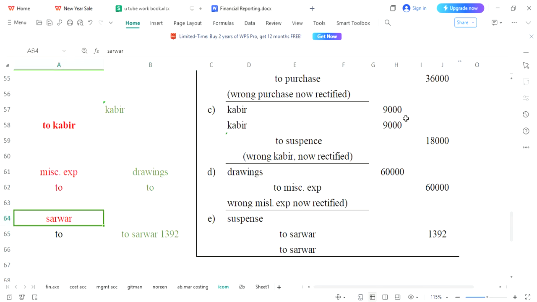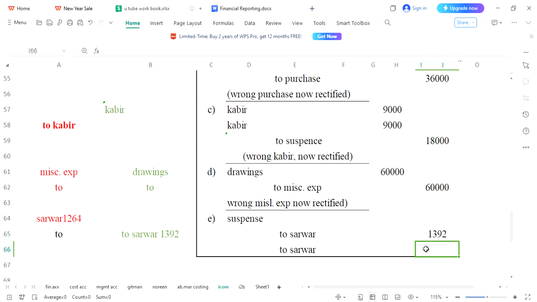So here 1264 by mistake is written. Look, this green entry would be written as it is, 1392, and this wrong entry, Server 1264, will be posted to the opposite side. So you will write 1264. And to balance our entry, we will take the sum of both amounts and that would be written over here.